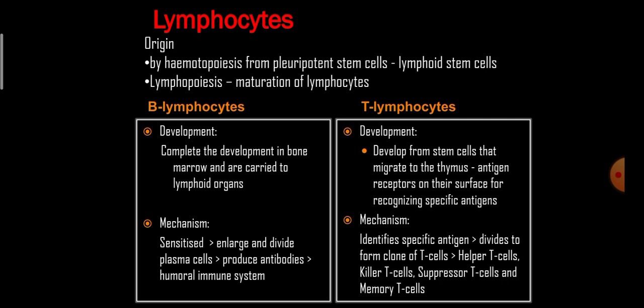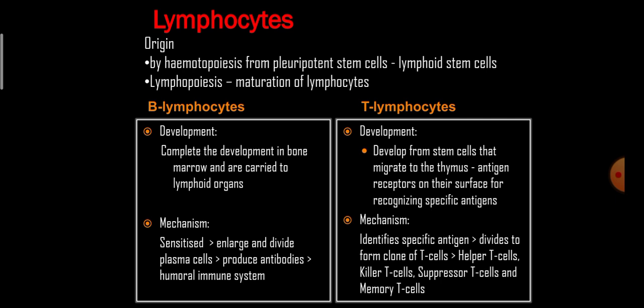These plasma cells produce protein substances called antibodies against these particular antigens. These antibodies provide humoral immunity to the body. They circulate in the blood and the lymph to fight against these specific antigens. Clear? So that is the mode of action of B lymphocytes.